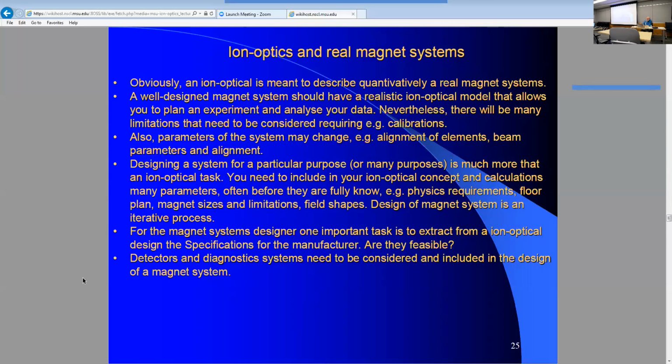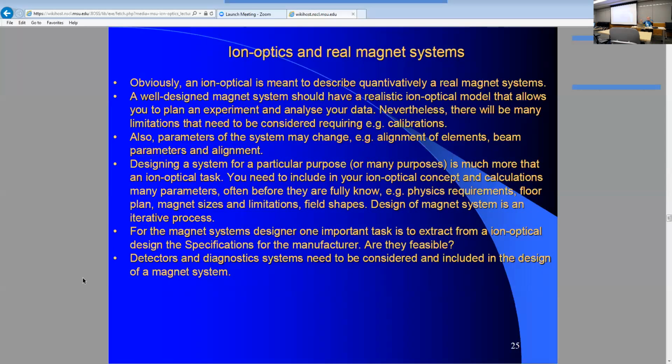Designing of a system is not what we are really doing here. That would be a next step. But if you design a system for a particular purpose, then more than just ion optical aspects are there, of course. You need to include the ion optical concept, the calculations of many parameters, often before they are fully known. So you need some rules of thumb.